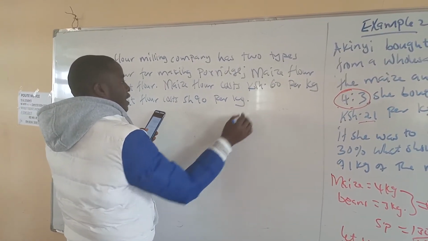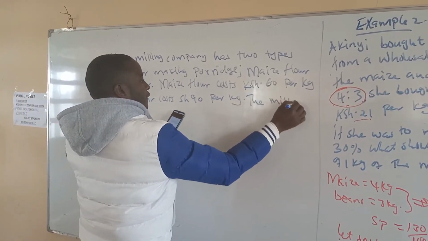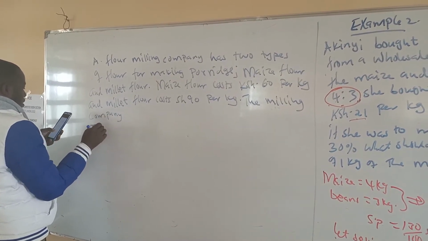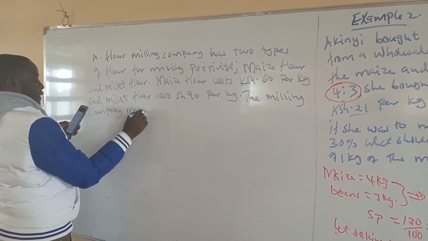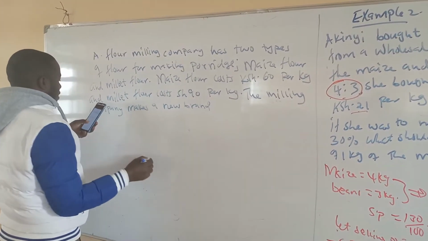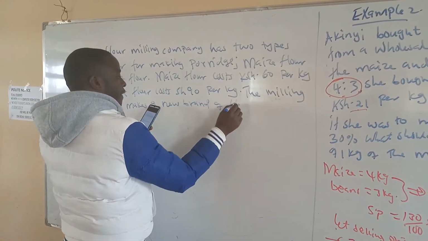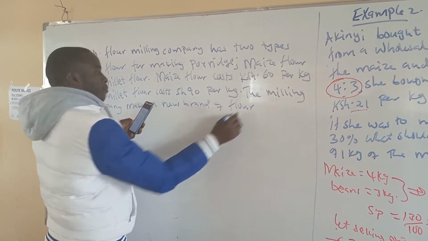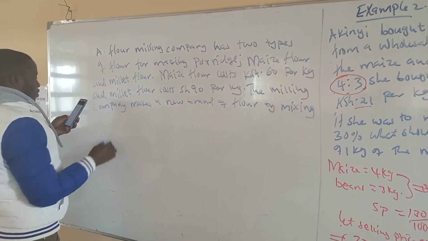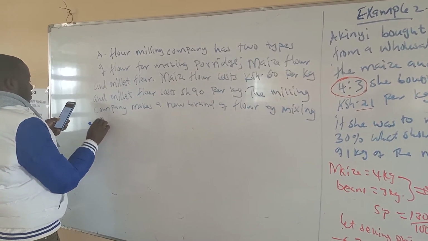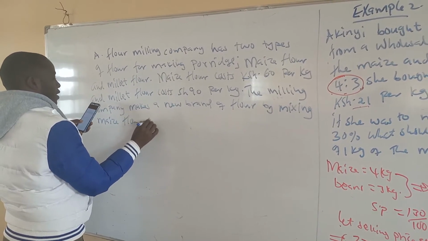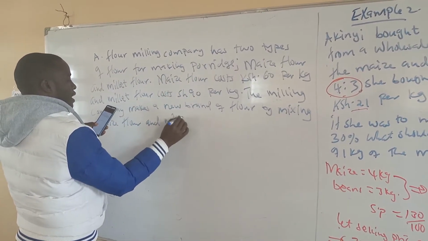The milling company makes a new brand of flour by mixing maize flour and millet flour.